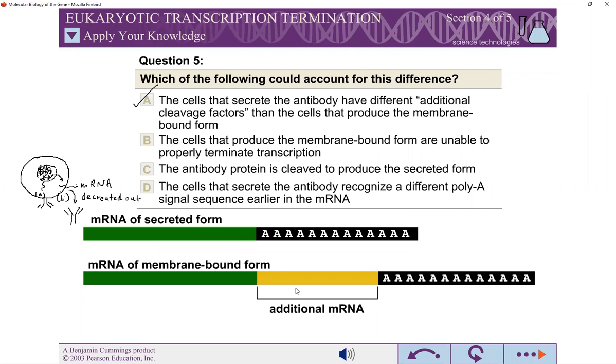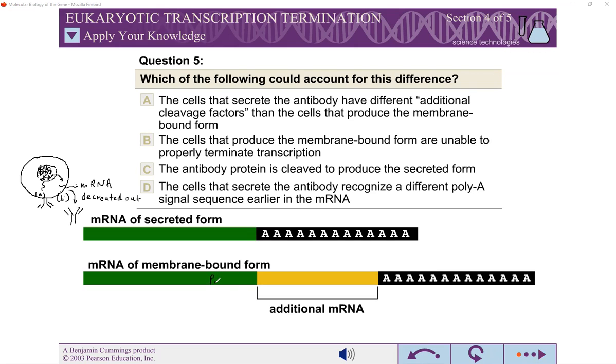So here what they wanted to say to us is that this is a very specific, highly specific process that takes place in the case of immune system cells, where there are two different types of poly A signal sequence.